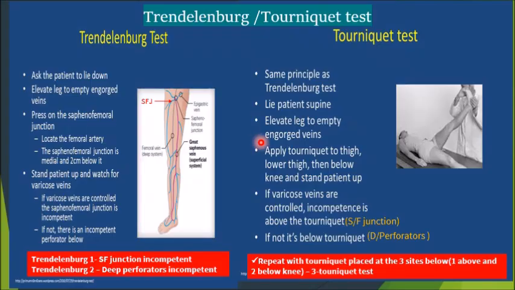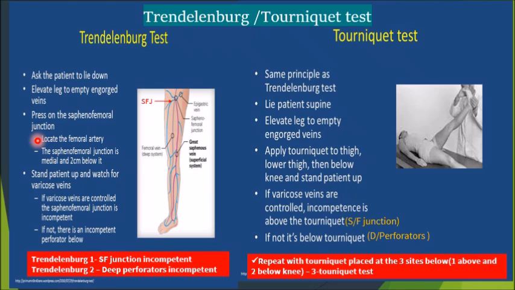Okay, this slide just summarizes the Trendelenburg test and the tourniquet test. So in the Trendelenburg test, the patient is asked to lie down, the leg is elevated, and the engorged veins are all emptied by pressure and drain the blood into the deep system. And then you apply pressure on the SF junction. The SF junction is located by locating the femoral artery pulse.